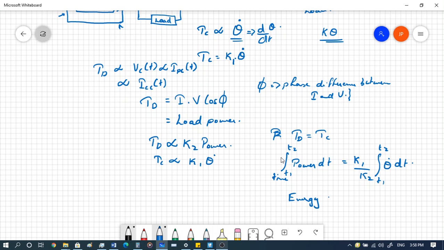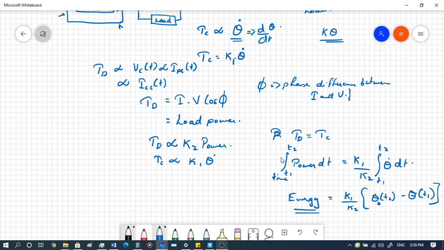The energy consumed will be equal to K1 by K2 into theta at T2 minus theta at T1, right? So that is how this deviation happens, or the angle changes, or you can say there is a particular amount of rotation that has happened due to this particular energy consumption, right?